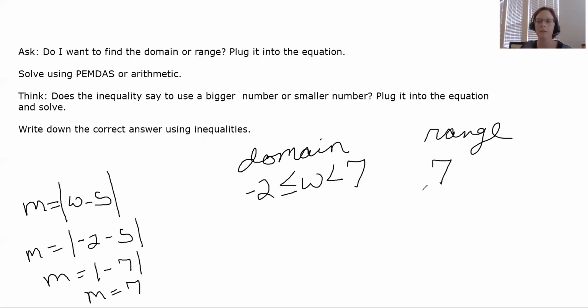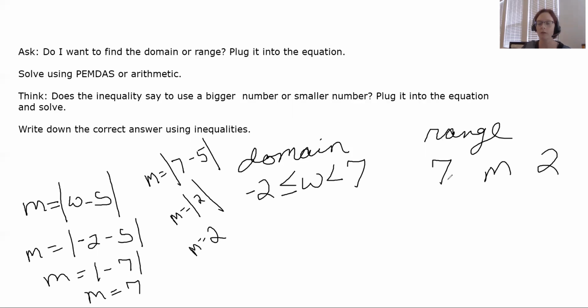And we know that the range is m because there's only m and w, and w is the domain, so that leaves m, and so m is the range. And we know that the other part of the domain is 7. So let's plug in 7. M equals the absolute value of 7 minus 5. M equals 2.